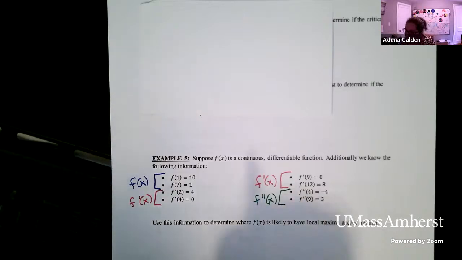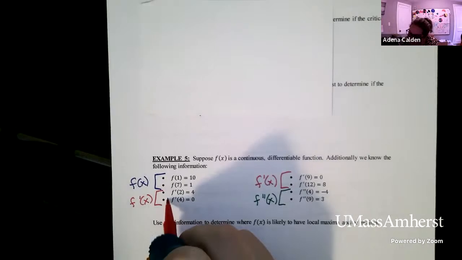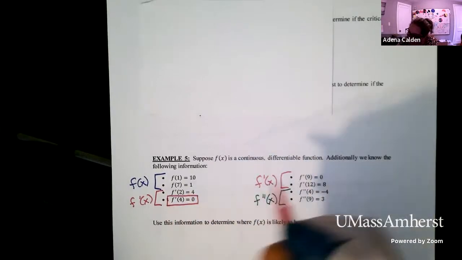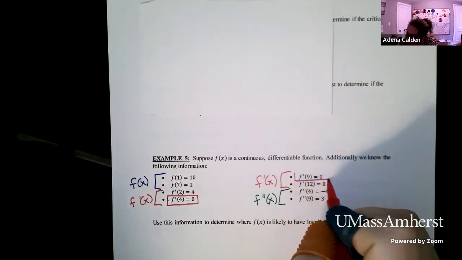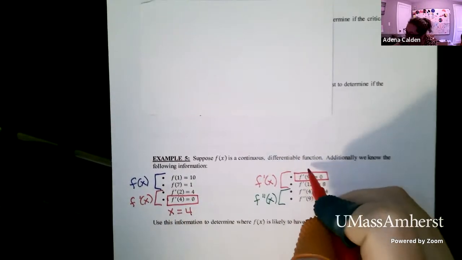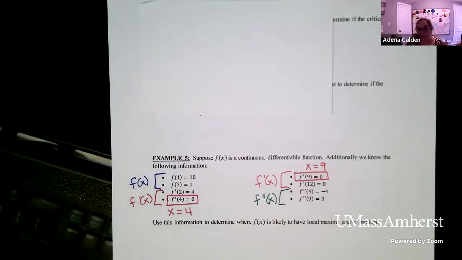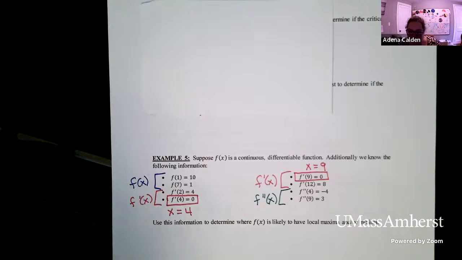Right? So that means we have to look at the derivative statements. There's 4 of them. And there's 2 places where we are told the derivative equals 0. Okay, this one happens at x equals 4, and this one happens at x equals 9. So we know we have critical points at 4 and at 9.